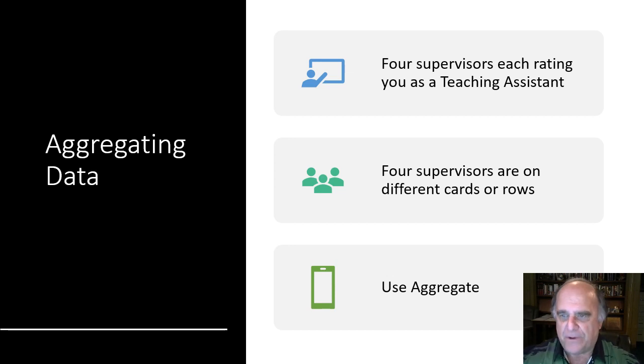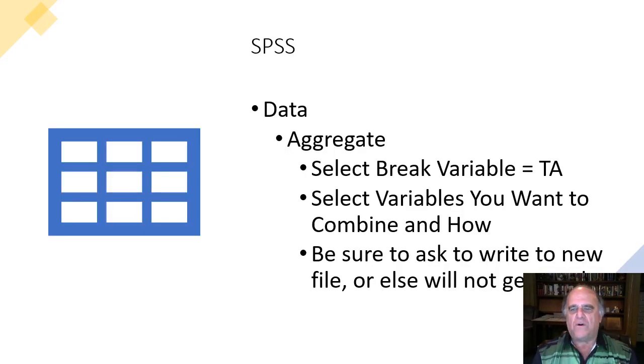So for example, I have 4 supervisors, each rating each of you as a teaching assistant. And the 4 raters are on different cards or rows. What we could do is use aggregate to aggregate these supervisor ratings. So again, in SPSS, what we'd use is data, aggregate.